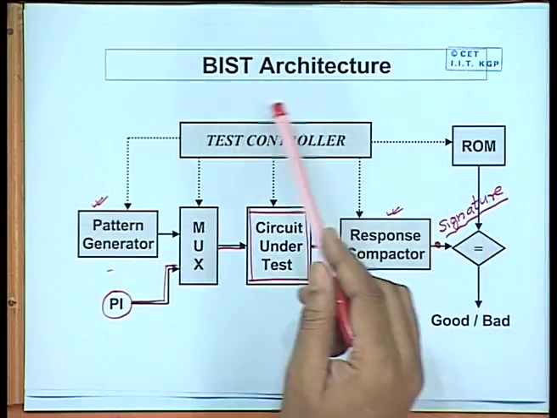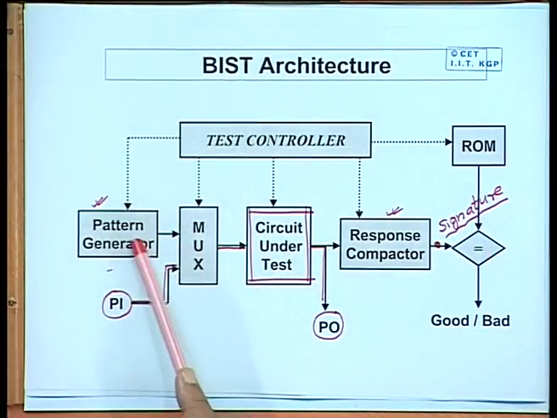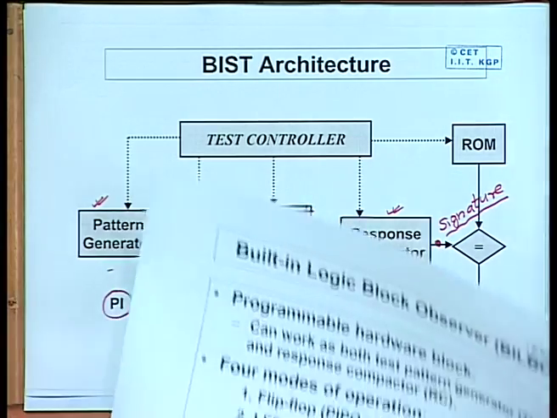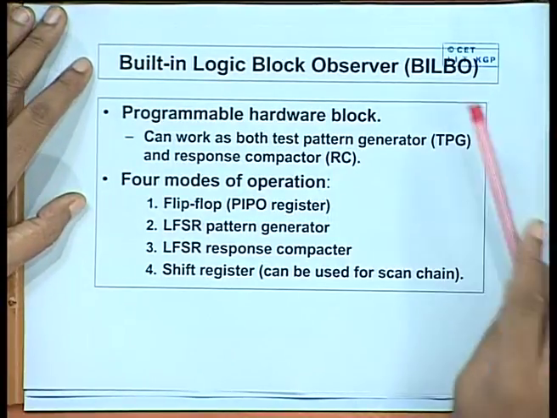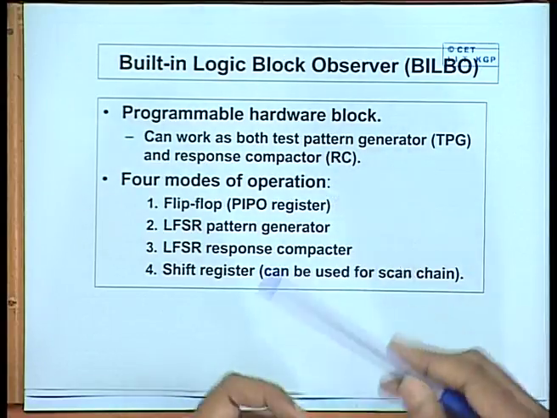Well, you can easily correlate the architecture with respect to this diagram, because we need a pattern generator, we need a response compactor. Okay. Now, there is a general purpose hardware block which has been proposed. This is called the built-in logic block observer, BILBO.